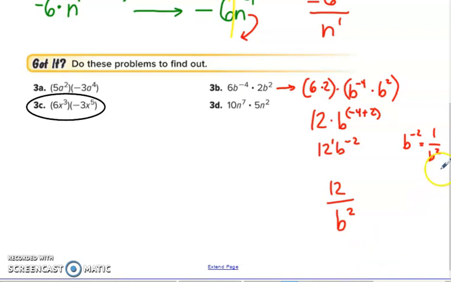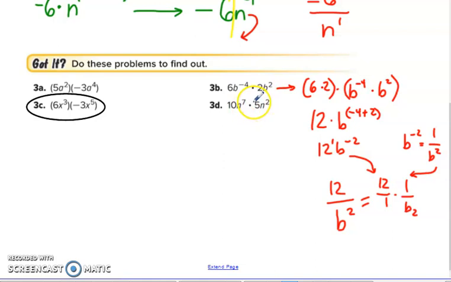Okay, just think about that for a second. Or else you could even break it down one more step from that. You have 12 over 1 times 1 over b squared. And that's how you got that, in case I skipped a step there that made it a little bit difficult to understand. So when you get those negative exponents on the variables, it feels somewhat troublesome, doesn't it?